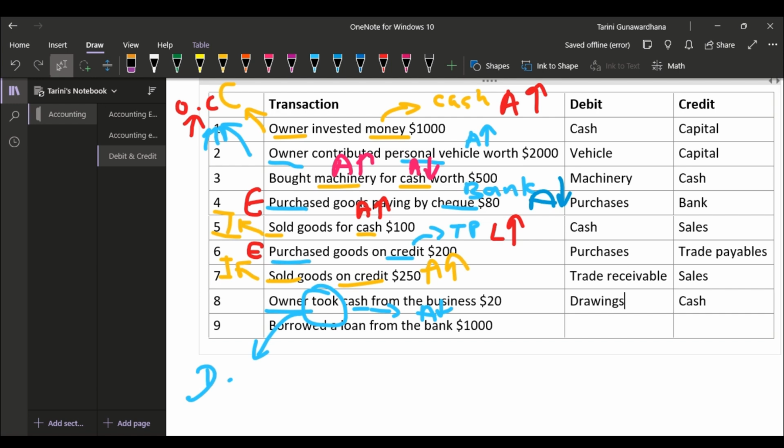Last question, borrowed a loan from bank, $1,000. Borrowing a loan is a liability because we have an obligation to pay the bank one day in the future. So it's a liability increasing, which is a credit. So the liability account here is bank loan.